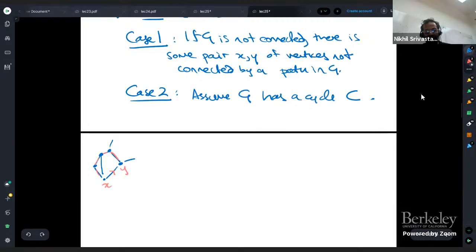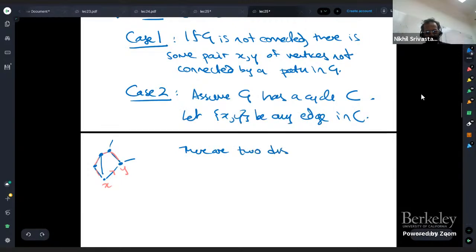And now there are two distinct simple paths between X and Y. One is just XY.